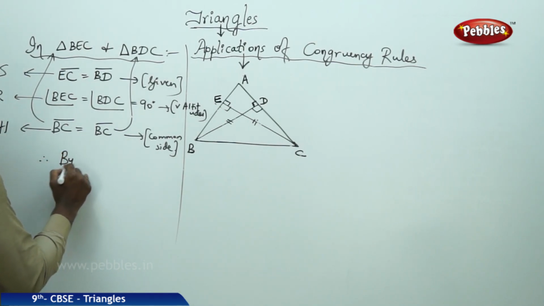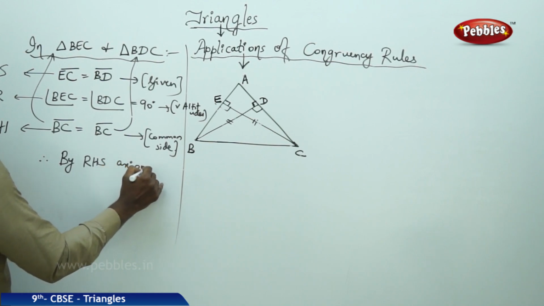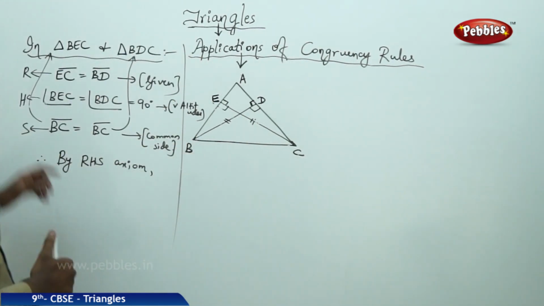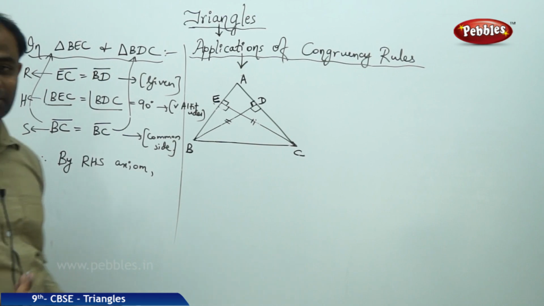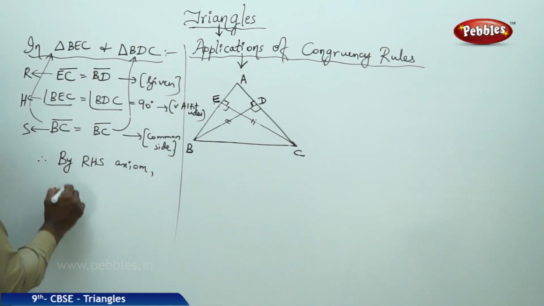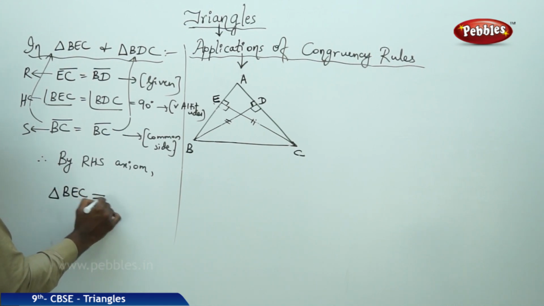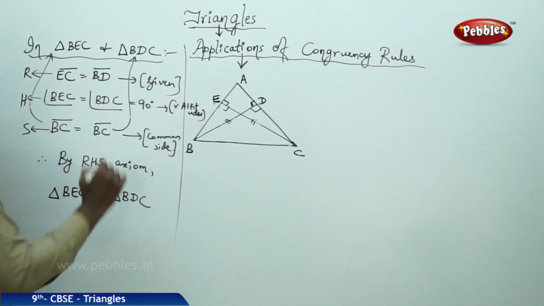Therefore, by RHS axiom, right angle, hypotenuse and side, I get the property which you have learned in the previous session. By RHS axiom, triangle BEC is congruent to triangle BDC.